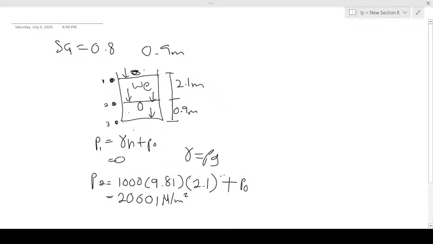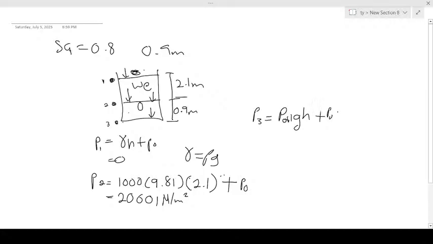So our pressure at point 3 is going to be equal to, first of all, rho of oil times g times h plus the external pressure.